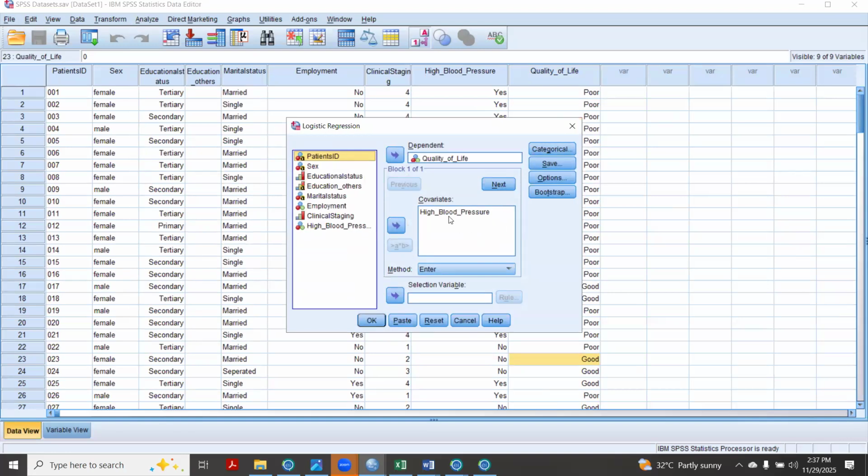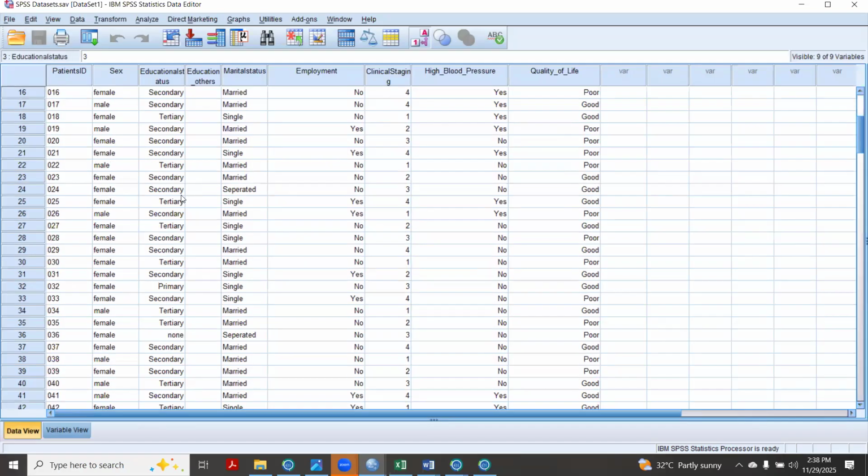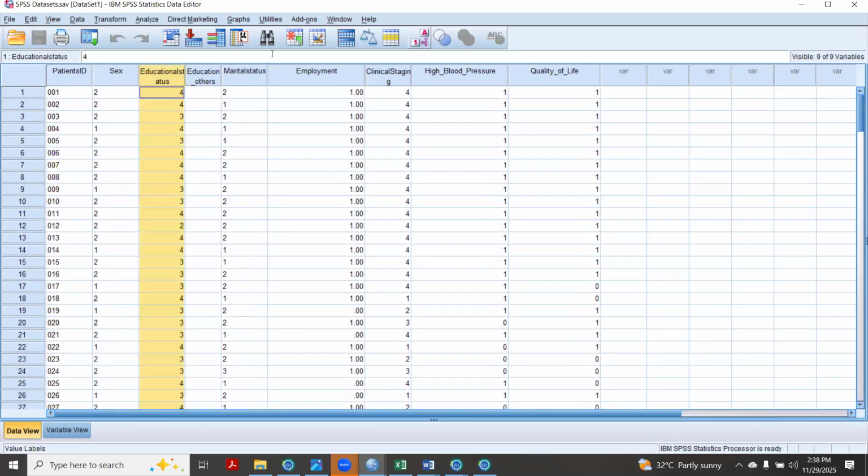The only time you choose a reference is when you choose a variable that has more than 2 values, like... do I have anyone that has more than tertiary, secondary? Let's say this one has, let me see if it has. Very good.